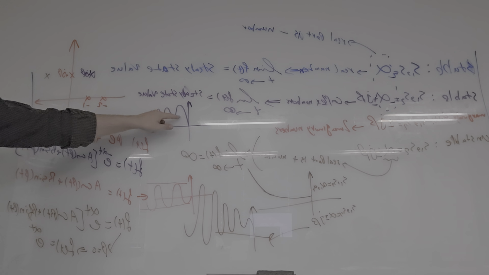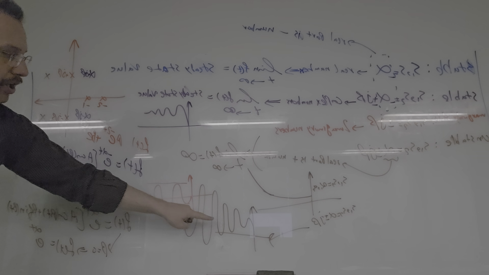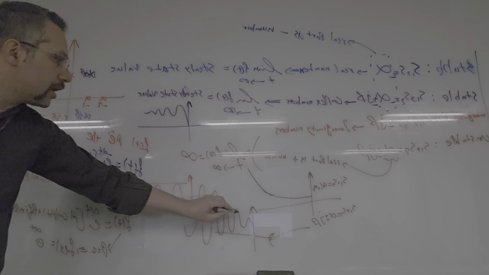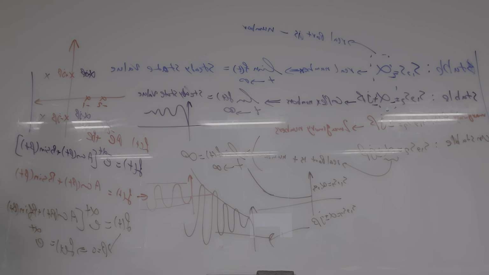Instead of the decaying oscillation we had before, now we have an exponentially increasing oscillation, because alpha is positive. So this e to the power of alpha t, as time goes by, would increase. Are we good?